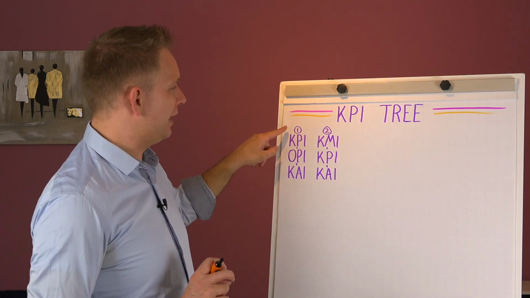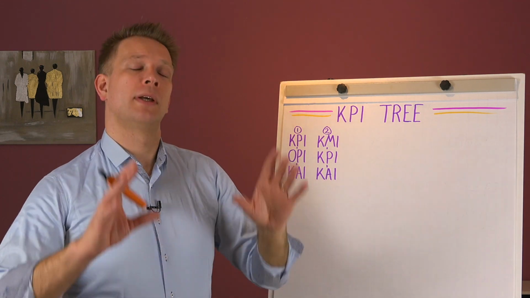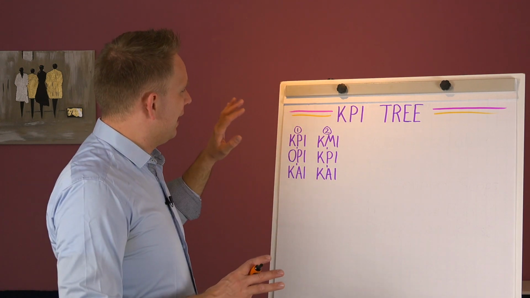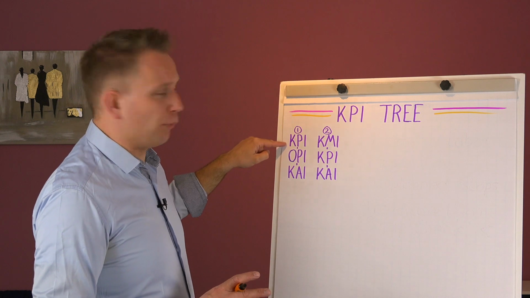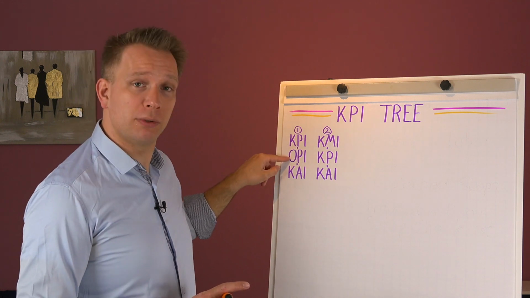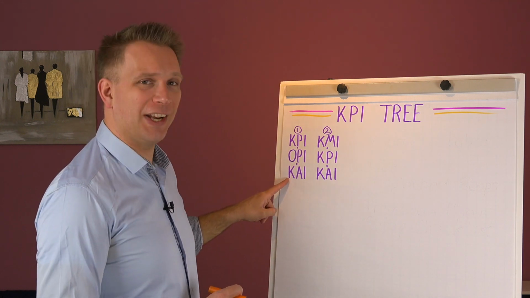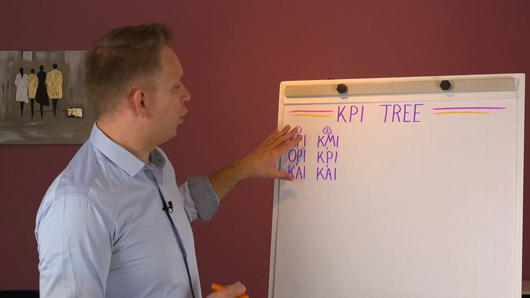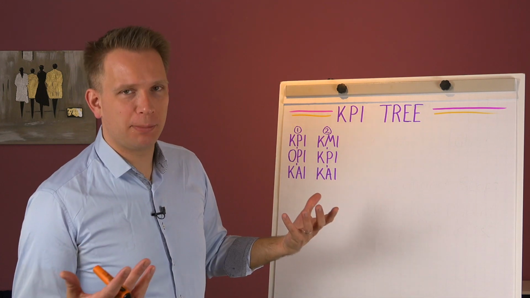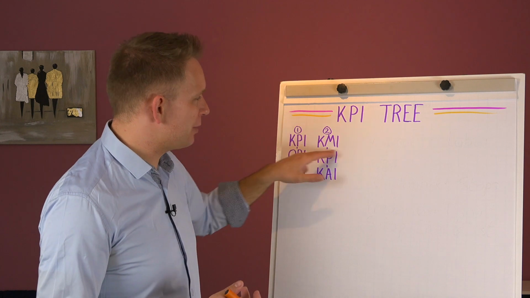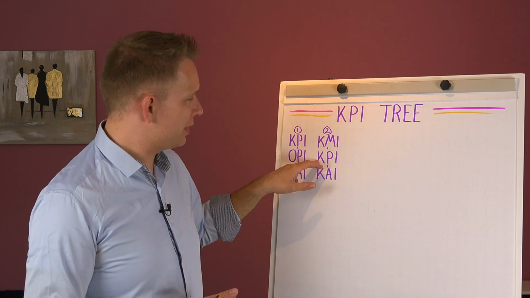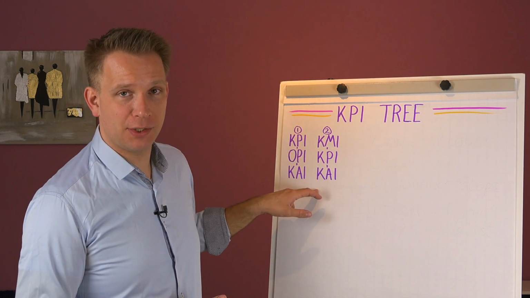But these two systems are the same. They're just different names for it. It is the idea that you have key performance indicators, operational performance indicators, and then key action indicators. Or the same, just with slightly different words: key management indicators, key performance indicators, and key action indicators.